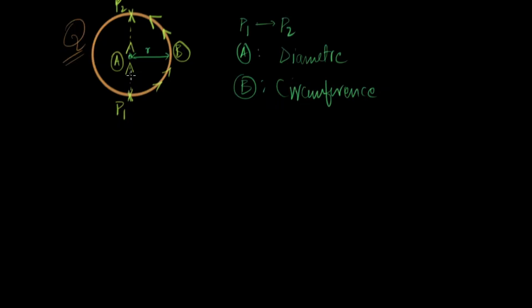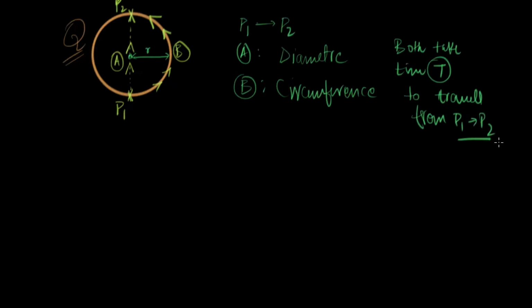Both of them start at point P1 and end up at P2 at the same point of time. That means both take time t to travel from P1 to P2.